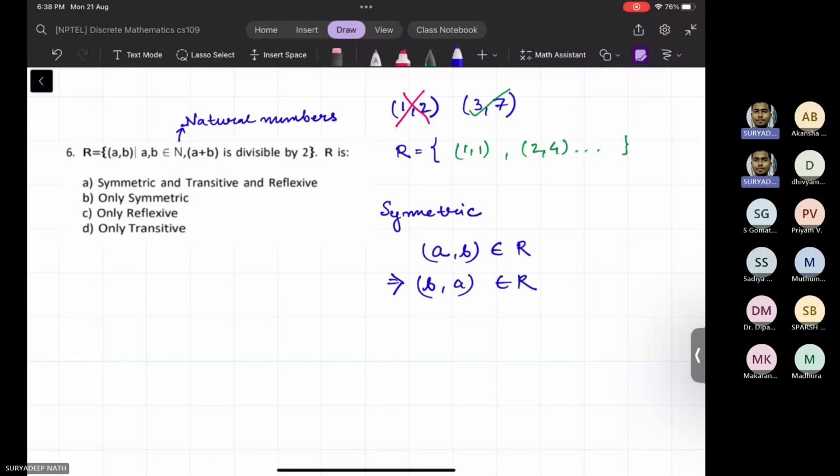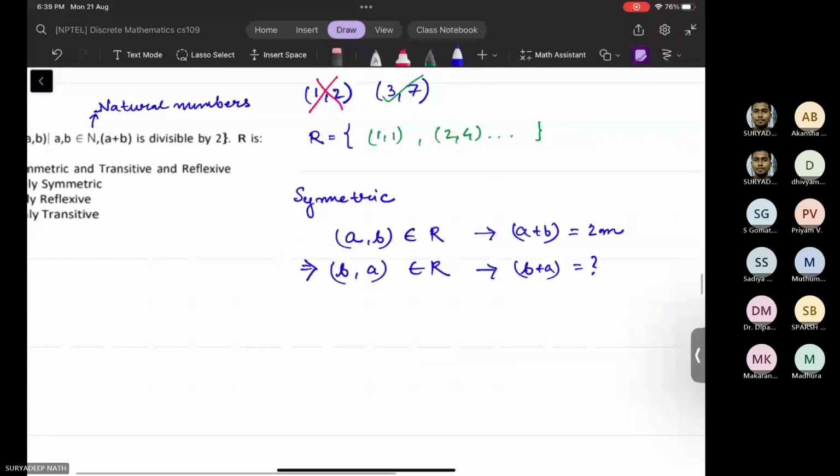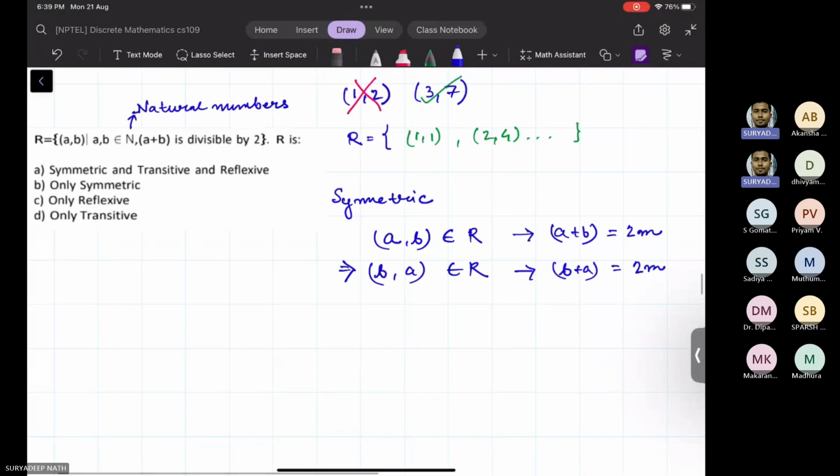If AB belongs to R, it means that A plus B is some multiple of 2, let's say 2m. What is B plus A? What do you think? It's also 2m, right? So if A plus B belongs to R, B plus A also belongs to R because of the commutative property of addition.